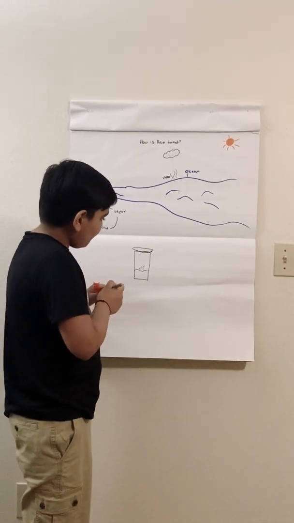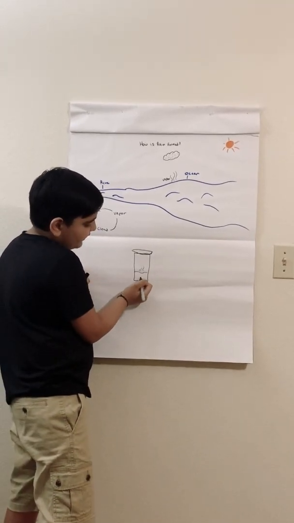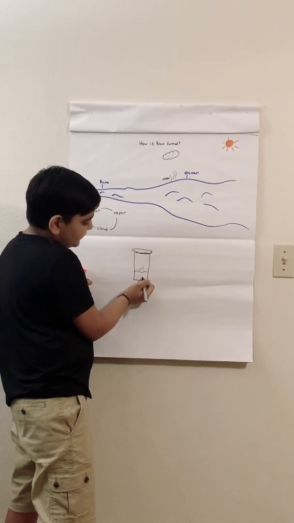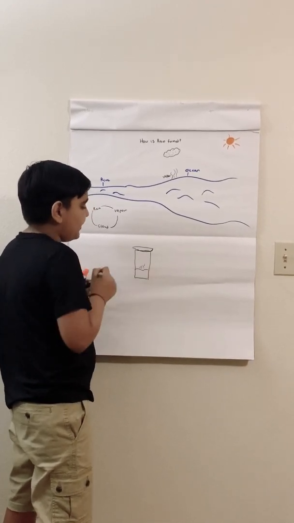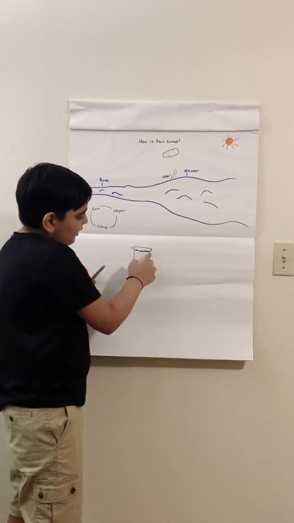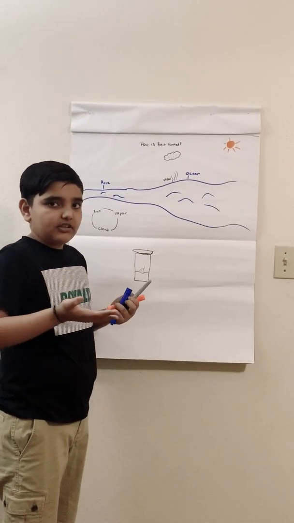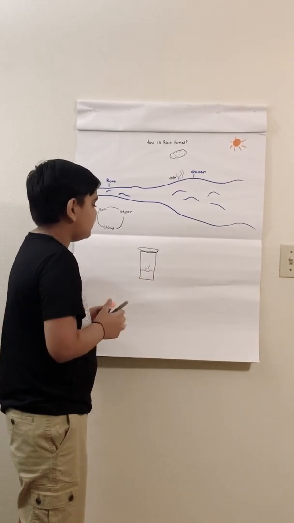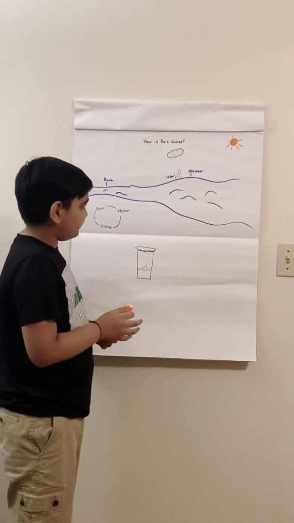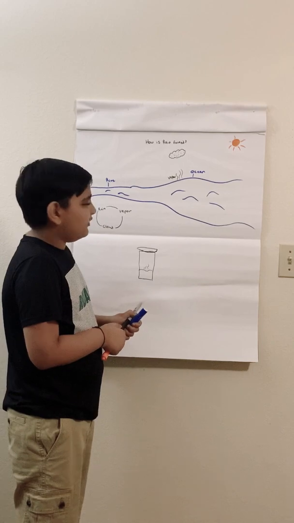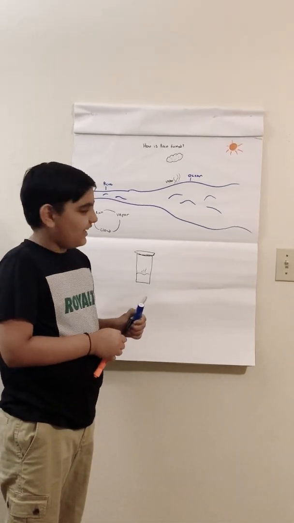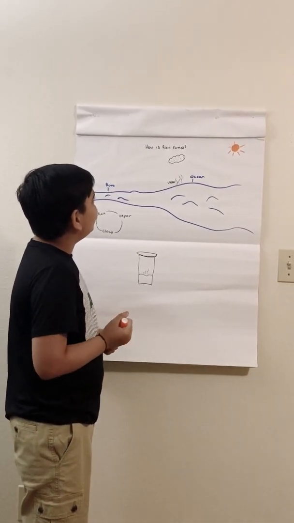Also, when you heat up the water, it makes water particles in the vapor as well, because it's in a contained place. So it makes water particles inside the glass too. And that is how rain is made.